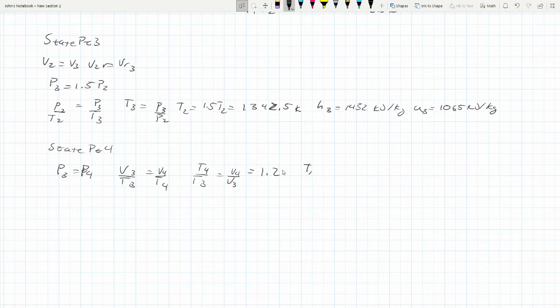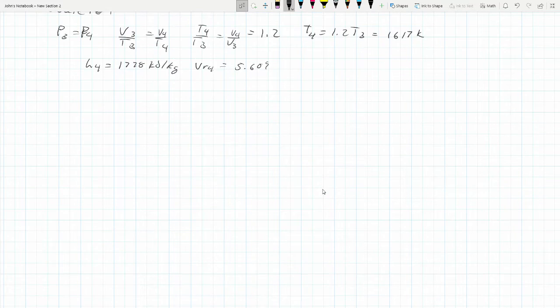So T4 is equal to 1.2 T3, which is equal to 1617 Kelvin. Go to our air table, we get that H4 is equal to 1778 kilojoules per kilogram, and VR4 is equal to 5.609.